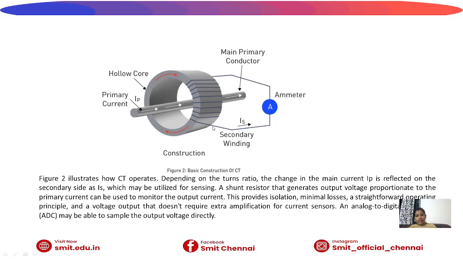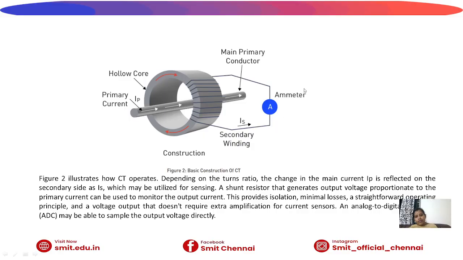This is the copper winding, the secondary winding. We give the AC current to the primary, and it generates a magnetic field in the secondary winding. So this is the operation.